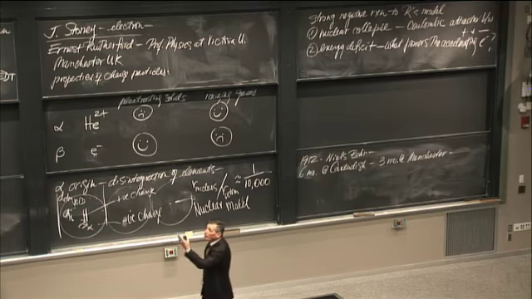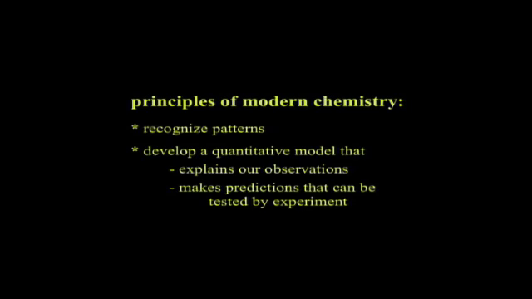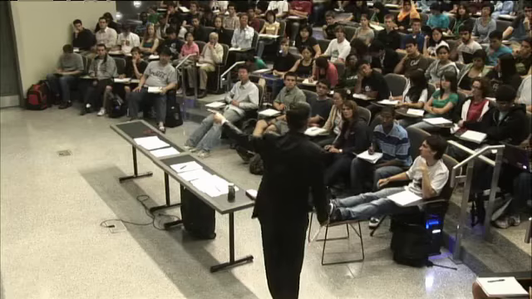And that's all part of what I showed you the other day. We recognize patterns. That's what the Rutherford-Geiger-Marsden experiment gave us, the pattern of the distribution of alpha particle deflections. So now we need to develop a quantitative model that will explain the observations, and if it's a really good model, it'll make predictions that, again, can be tested by experiment.